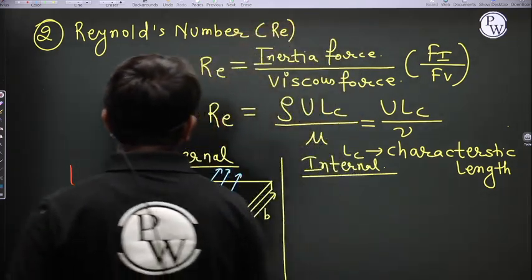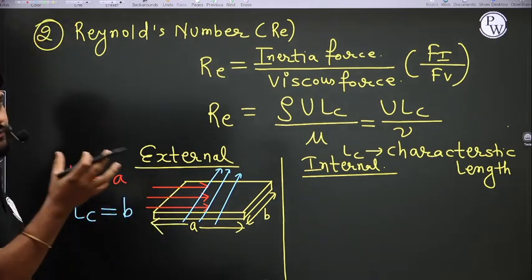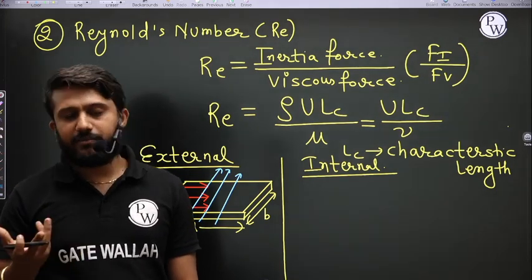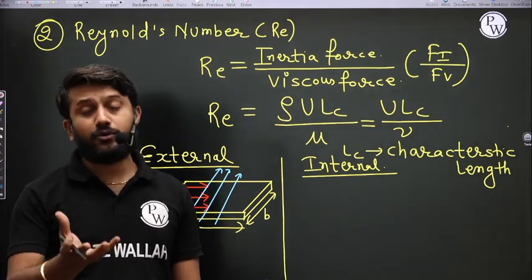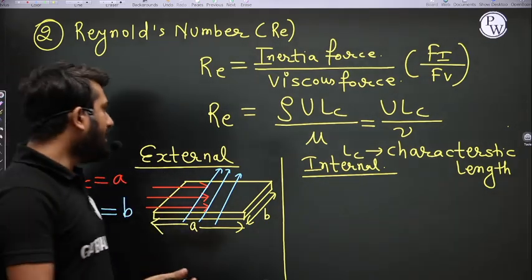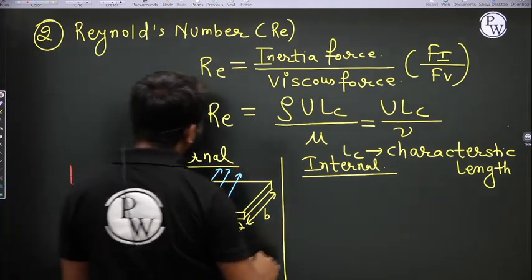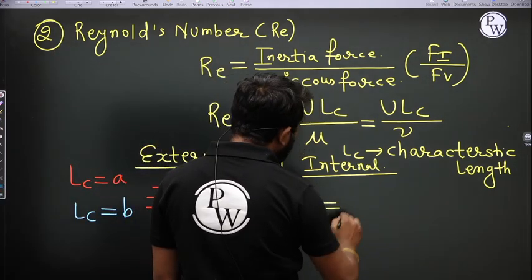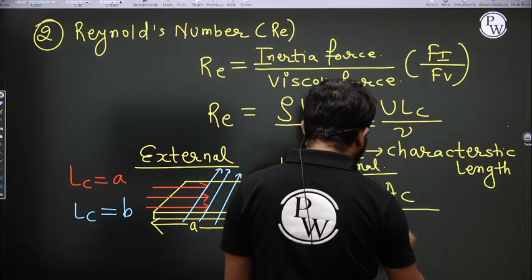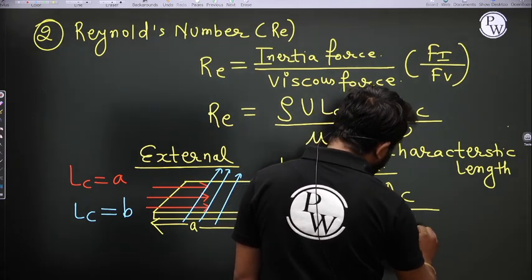Whereas in case of the internal flow, that means flow inside a closed conduit, that conduit may be a pipe or a duct, but flow through the closed conduit is the internal flow, right? So in case of the internal flow, this Lc is 4 into flow area, that means cross sectional area, divided by wetted perimeter.